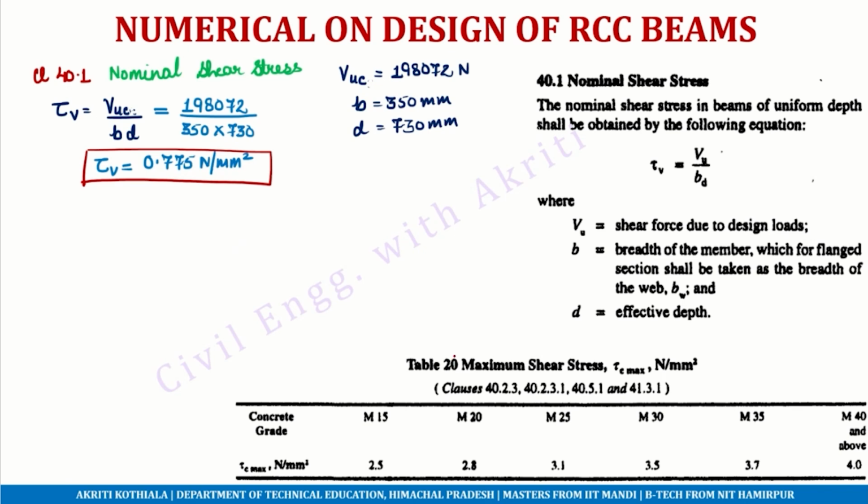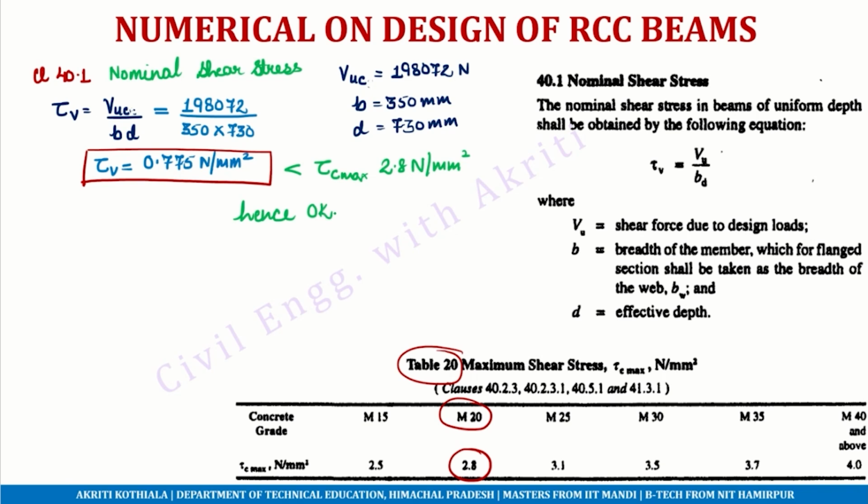From table 20, we can see that for M20, the maximum value of shear stress in concrete, that is tau c max, is equal to 2.8. So this value is less than tau c max of 2.8 Newton per mm square, hence it is safe. If this value was more, then we would have to redesign.